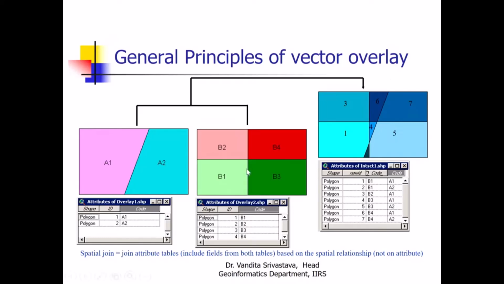So this is a general principle, and all or some of the attributes of the two maps are copied to the output. That is a generic statement, but this will vary from one operation to another based upon what type of operation it is.